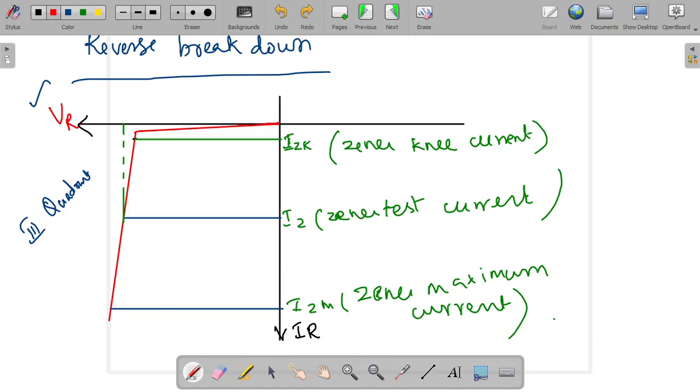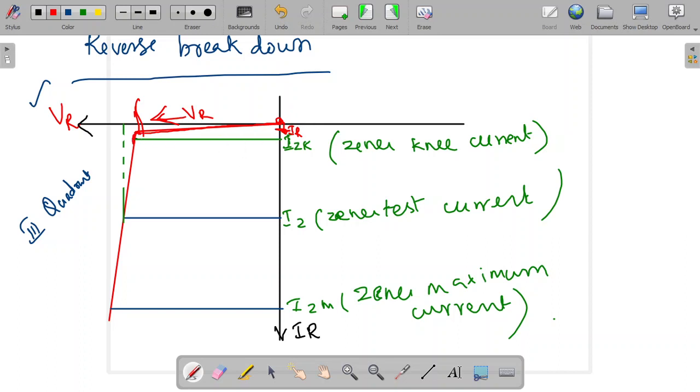When we go from here to here, VR is increasing, from 0 to this much, but IR shows only a very small rise, almost constant.